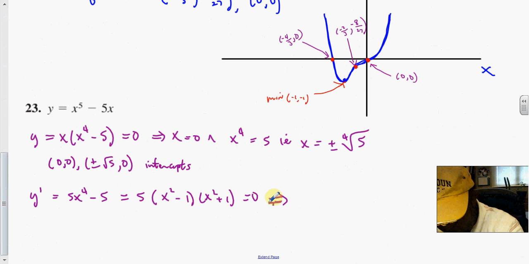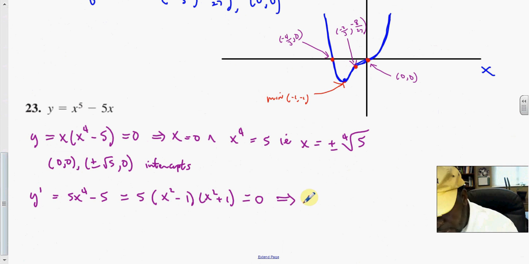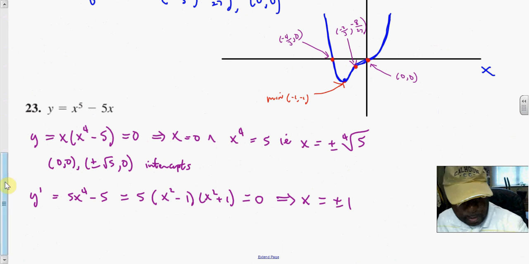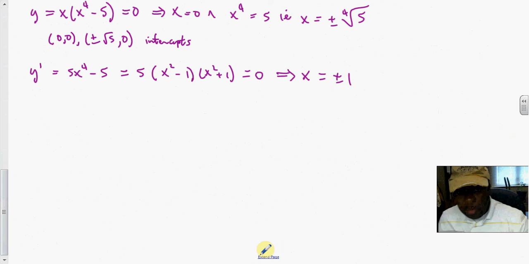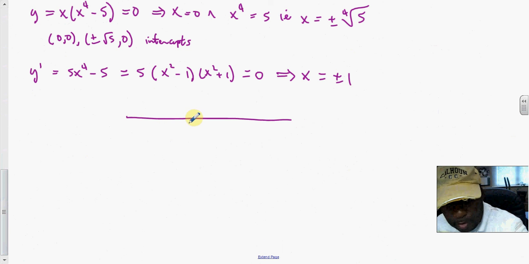This implies that x is equal to plus or minus 1. So let's take the number line and partition it based on the critical points here. This is for y prime.